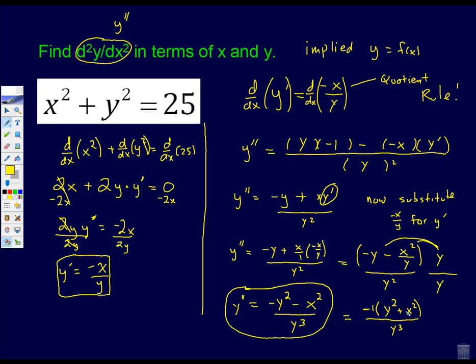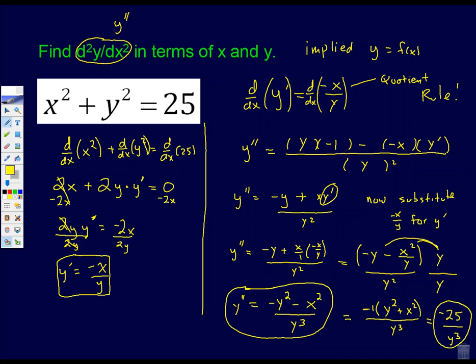That's the exact expression that's in our original equation. It's in the wrong order, but when you're adding, that doesn't matter. So y squared plus x squared is the same as x squared plus y squared. So I could actually replace that whole quantity with 25. An alternate final answer could be to put negative 25 over y cubed. This is only an alternate answer. It is not the official best answer in any way. Both things that I circled are perfectly fine.